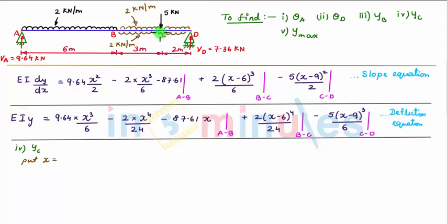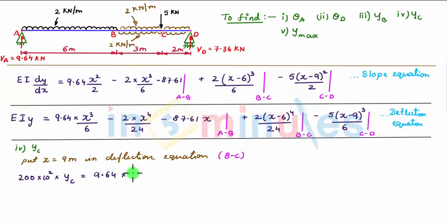Now putting x equal to 9 meters, since point C is at a distance of 9 meter from A, in the deflection equation, and considering the equation up to second partition, which is valid between point B and C, we have EI, whose value is equal to 200 into 10 to the power 2 into YC is equal to 9.64 into 9 cube by 6 minus 2 into 9 to the power 4 by 24 minus 87.61 into 9 plus 2 into 9 minus 6 to the power 4 upon 24.